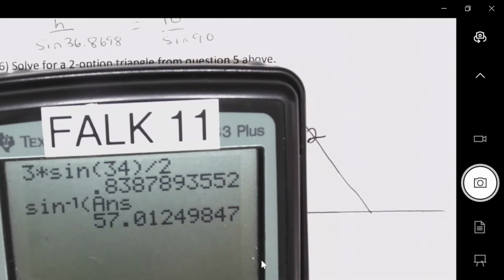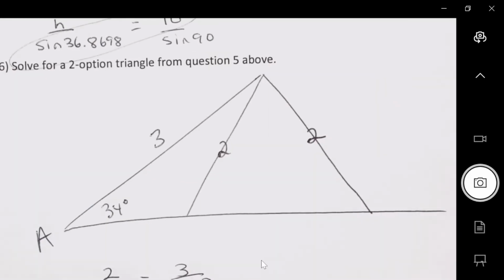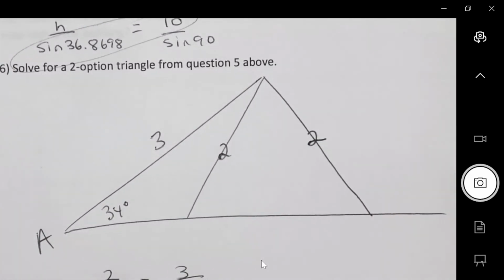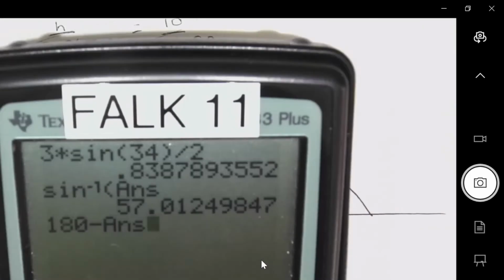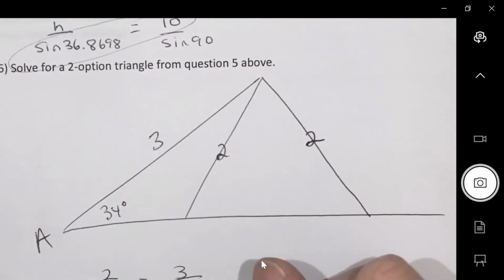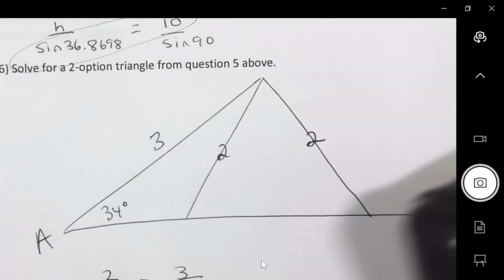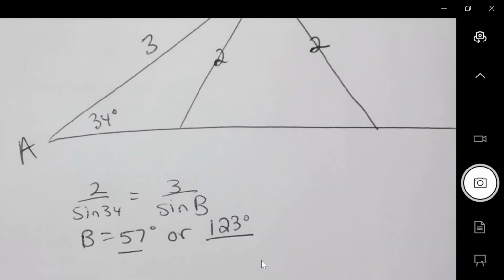Okay, here's the thing with these triangles. This angle is only half of it. Or what's the other option? Do you remember how to get the other option? You would do 180 minus. So the other option could be 123. Okay, so this is the angle across from the 3.